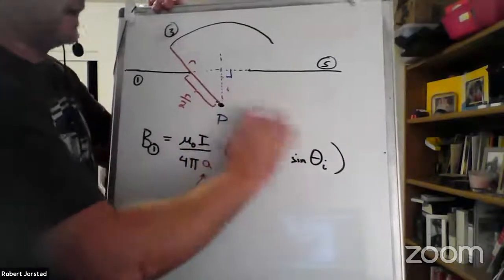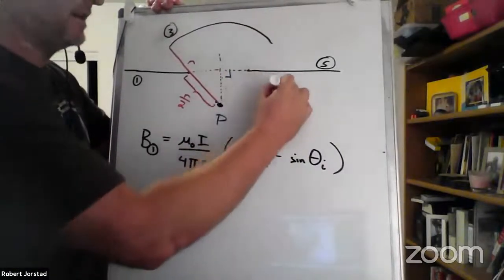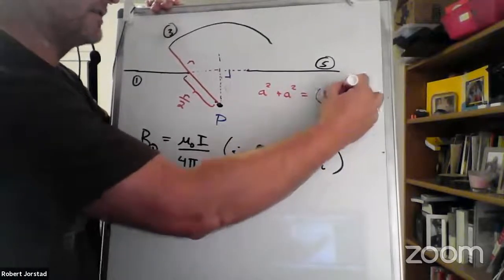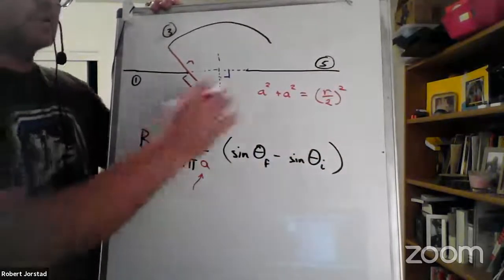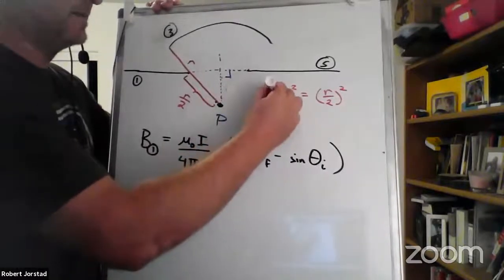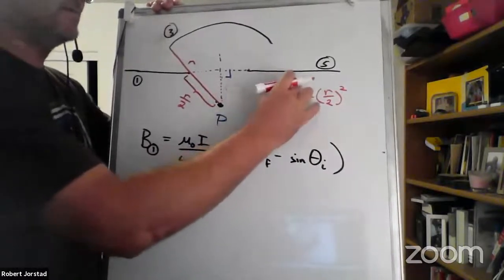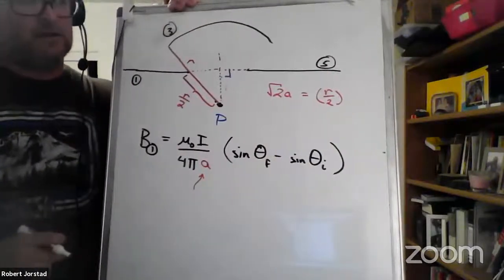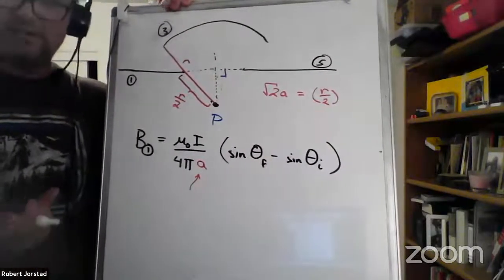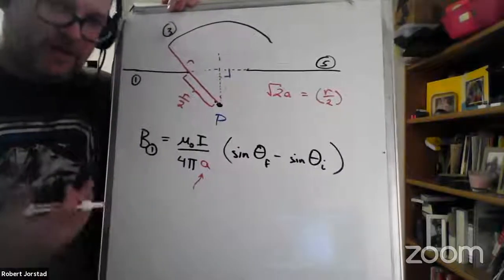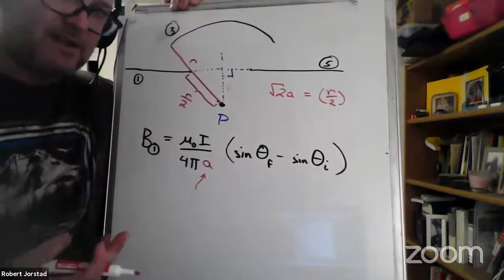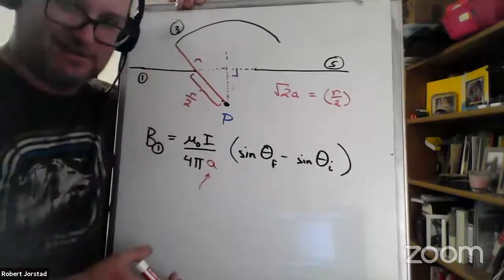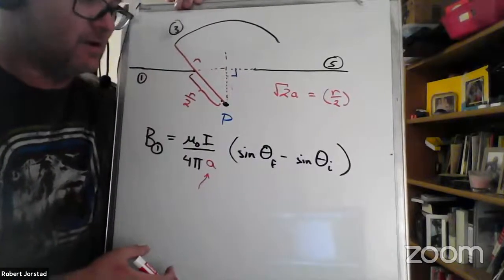I know that a squared plus a squared should equal R over 2 quantity squared. You get 2a squared, then you take the square root, and then you're off to the races. So even though these are very cookbook problems, the way you get worked over on a quiz is from geometry.